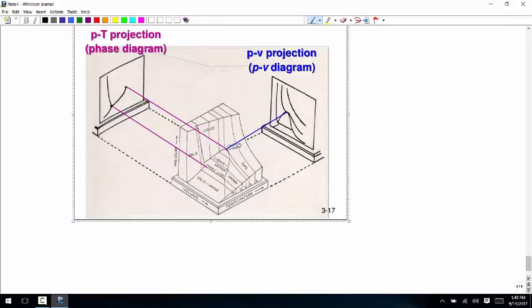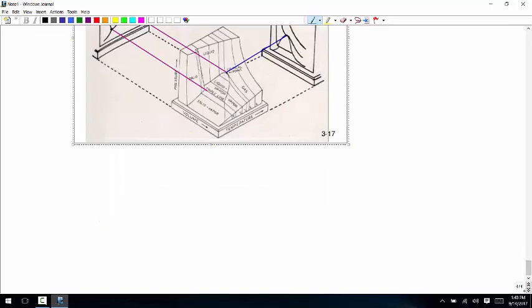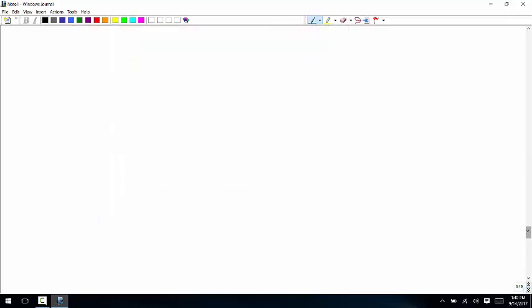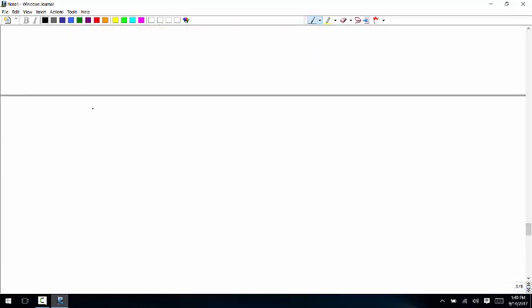And so these are called isotherms because you keep the temperature iso. Okay, so the first one is the phase diagram.